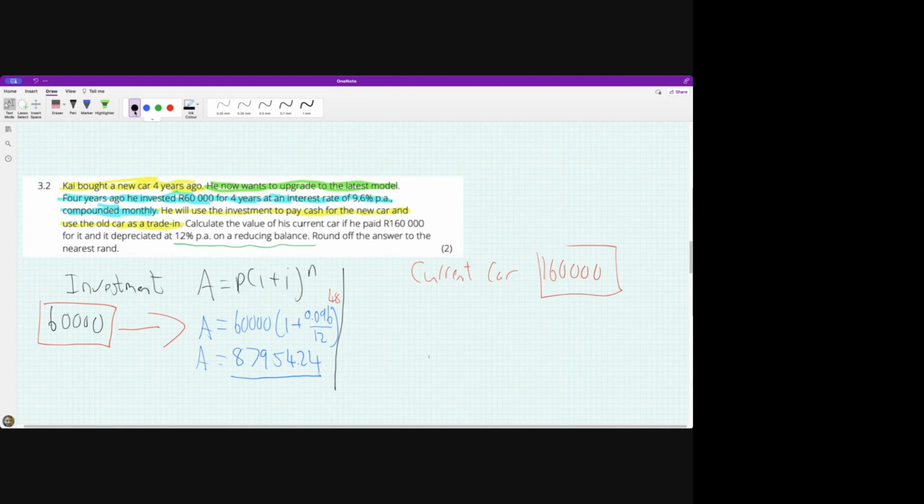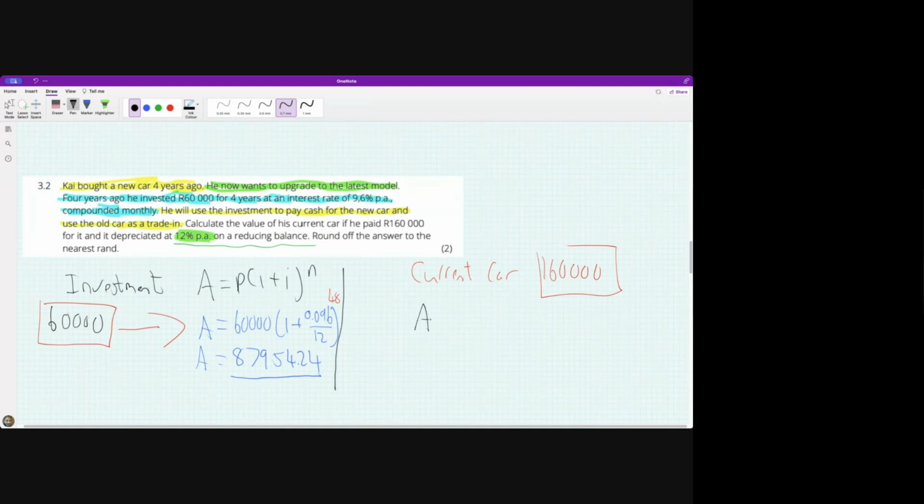Ooh, good question. Very good question, Siamtanda. It says it depreciates at 12% per annum. It does not say per month. It says per annum, and so it's going to be reducing once a year. That is such a good question.